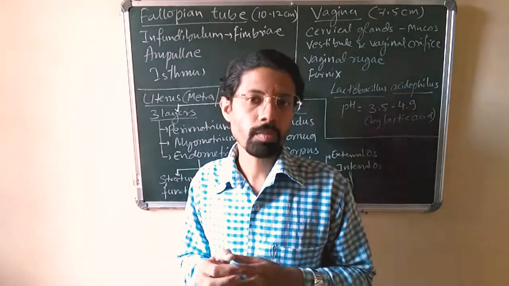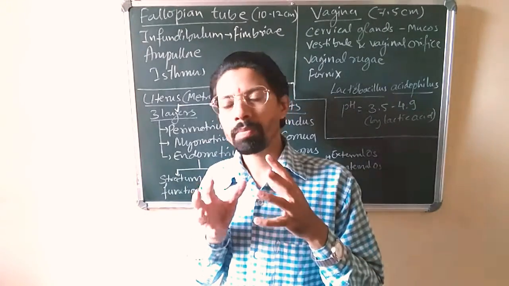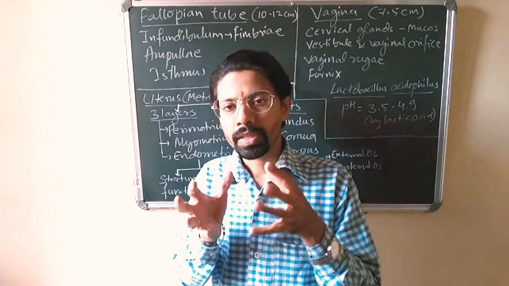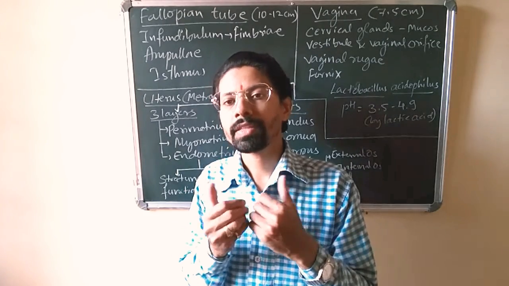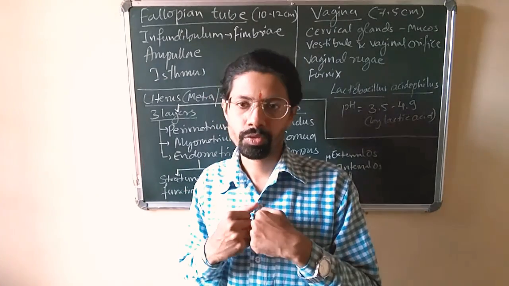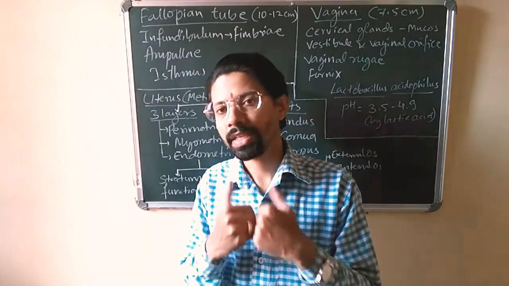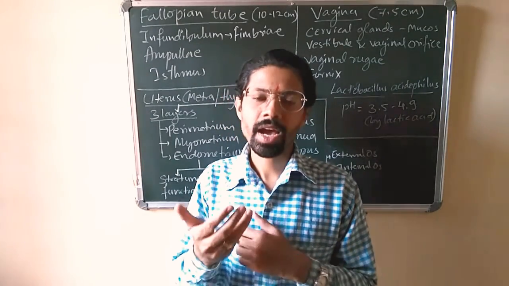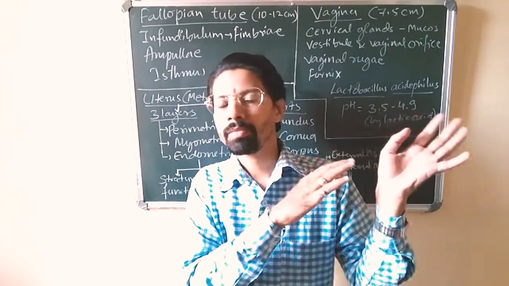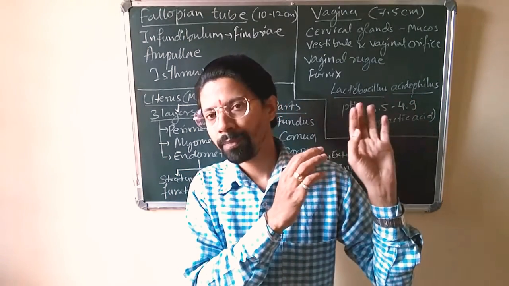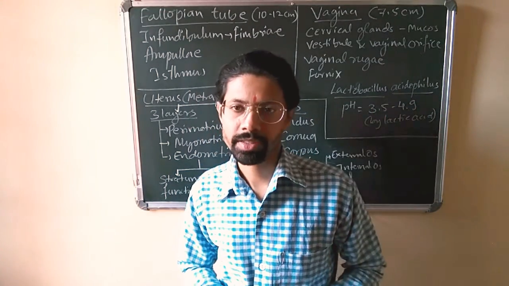The ovum is non-motile, so the finger-like projections of the infundibulum receive the ovum, or secondary oocyte, inside the fallopian tube. After that, the ciliated epithelium rolls that oocyte towards the site of fertilization.